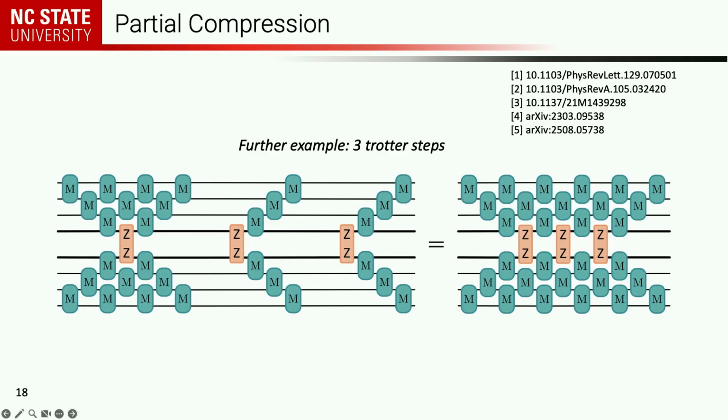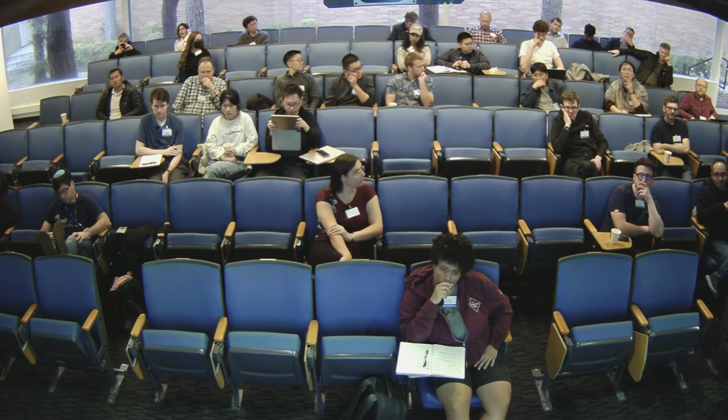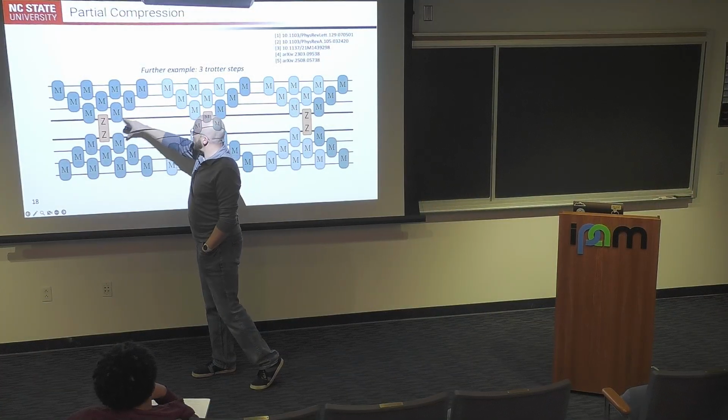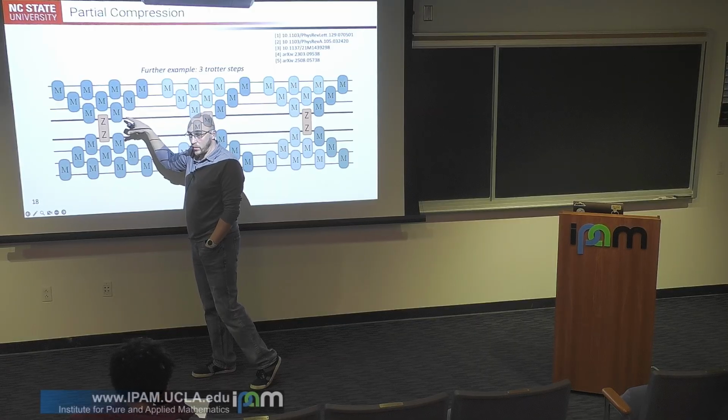One of the cool things, yes? Maybe I misunderstand it, but I think here you basically use some light cone argument. No, no. These get absorbed into here by changing the angles of these gates. So it is not a light cone where I am taking them away.